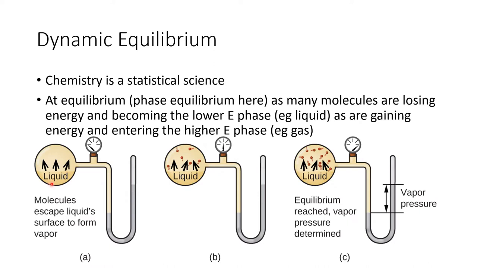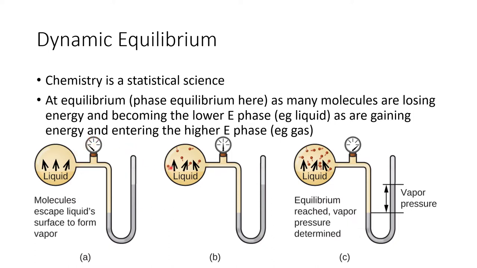It doesn't mean that no molecules are transitioning from a liquid behavior to a gaseous behavior. We know that they are, but we just think that there can be an equilibrium where you only have a little bit in the gas phase versus most being in the liquid phase here.